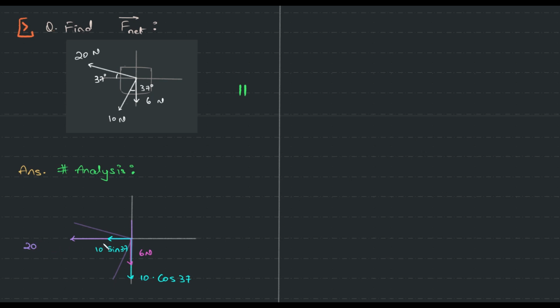This would be 20 cos 37, and this is 20 sine 37. Okay, so we have all of these.